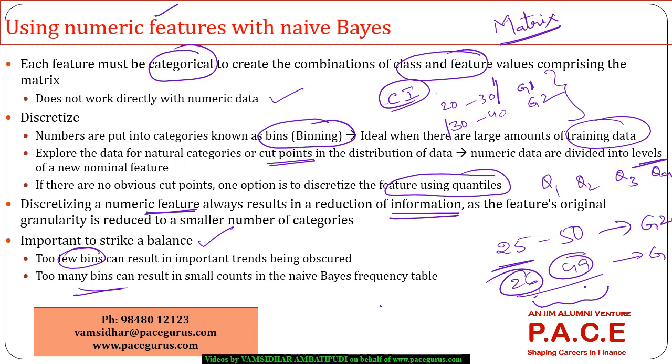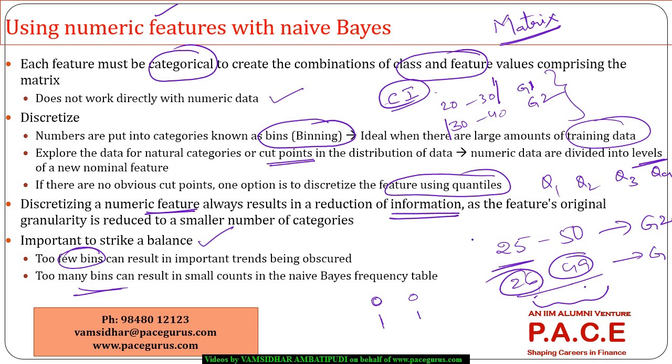There is a possibility of many zeros coming up, and my Laplace estimators have to be set for each one of them, so the counts will get completely distorted. So I have to strike a balance on how many bins to create for this particular data, so that the learning and the prediction are appropriate.